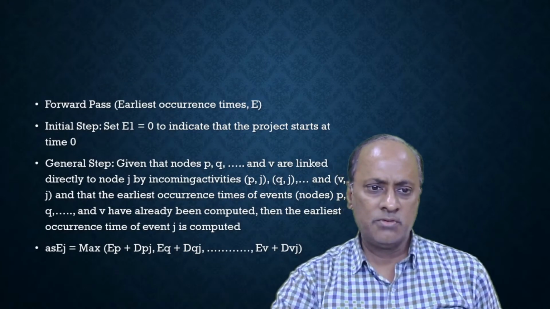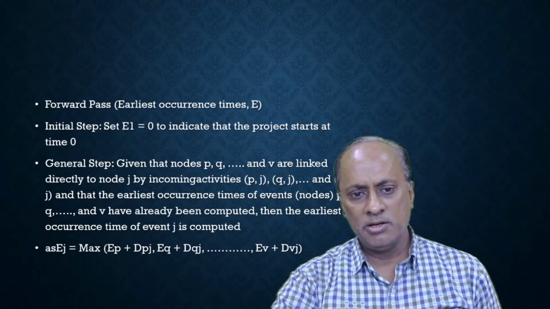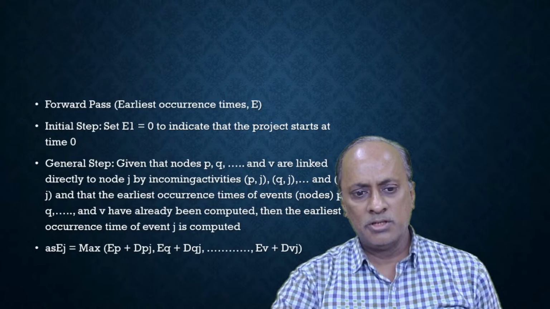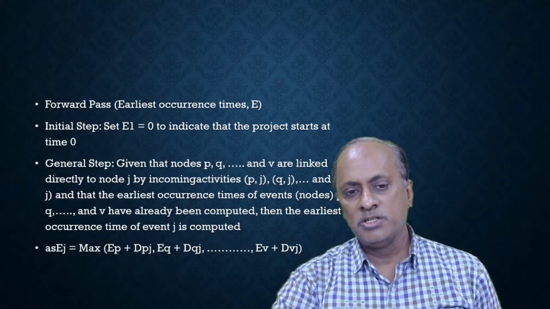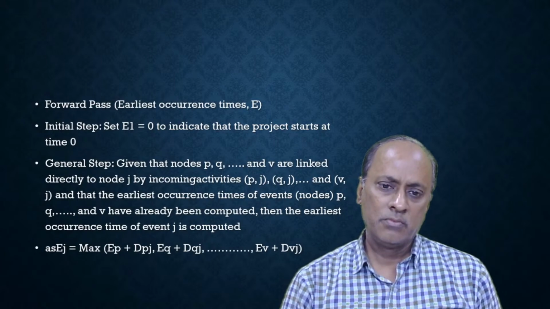The rule for the forward pass says that if an activity doesn't have any predecessor activity, then the earliest start time is set to 0. The project can be started immediately.